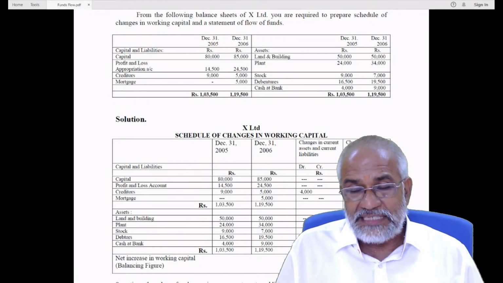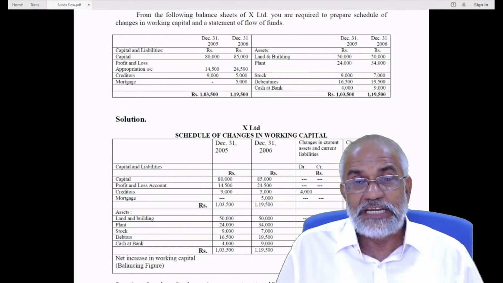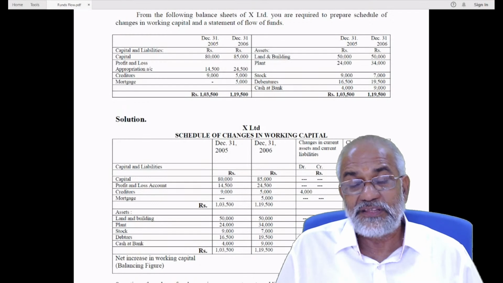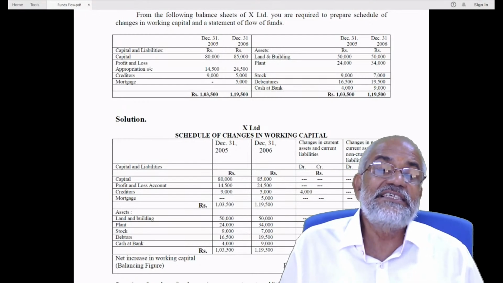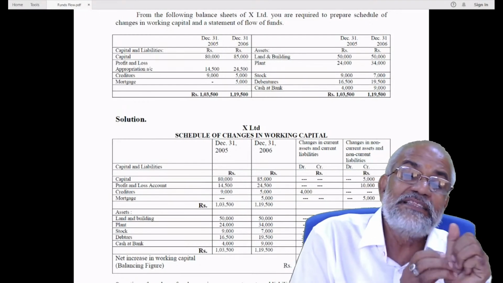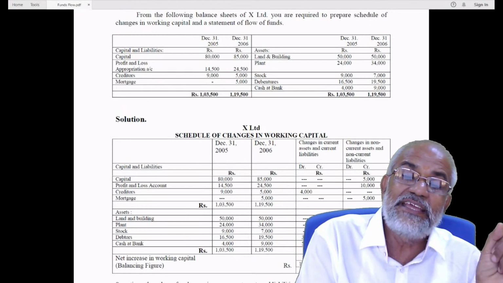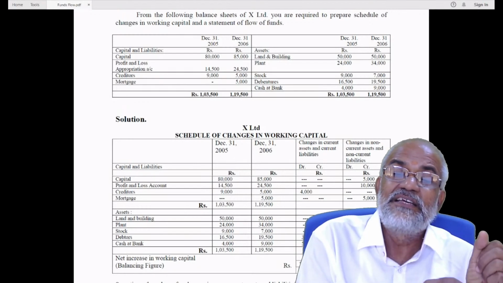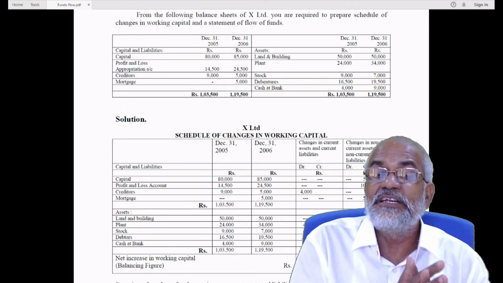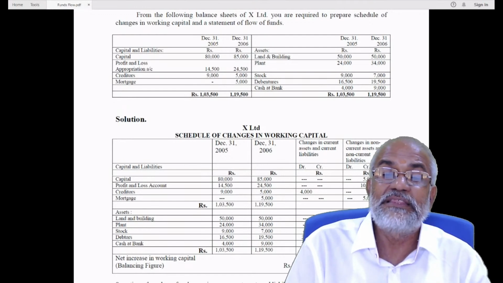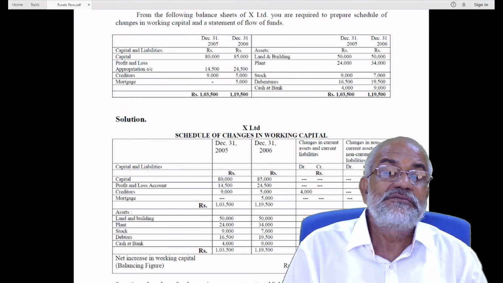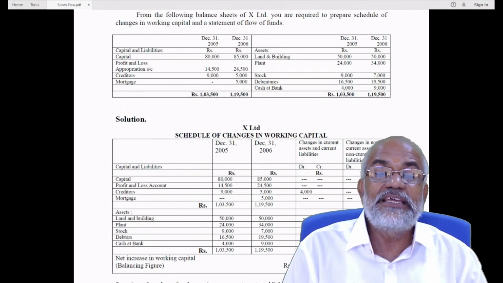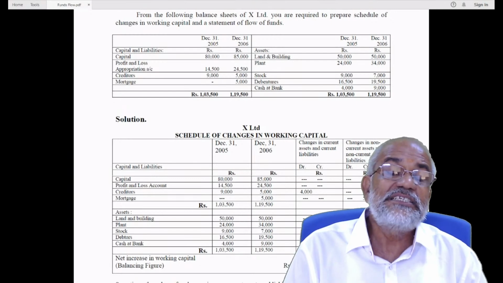Plant, being an asset, always shows a debit balance. When a debit balance increases, it has to be further debited. When a debit balance decreases, it has to be credited. So here there is an increase in the plant and machinery account by 10,000 rupees in the second year in comparison to the first year. So that will appear in the debit column of the non-current category, 10,000 rupees. This is plant. Then stock. Stock was 9,000 at the beginning and 7,000 at the end. But what is its character?